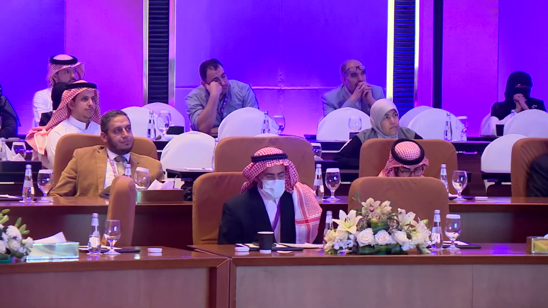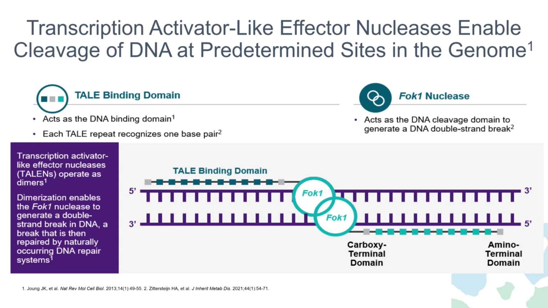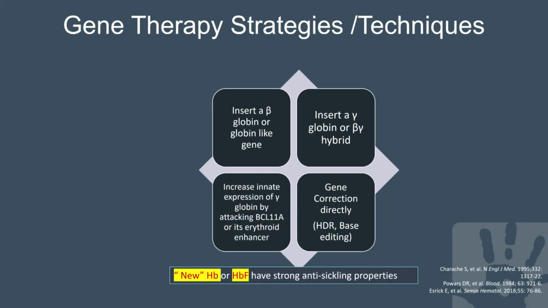And then there are two other methods: the zinc finger and the TALE binding domain. Those tend to be more protein-based to repair. So those were the mechanisms. I'm going to highlight how it is used in sickle cell disease, and the same method is used in thalassemia.